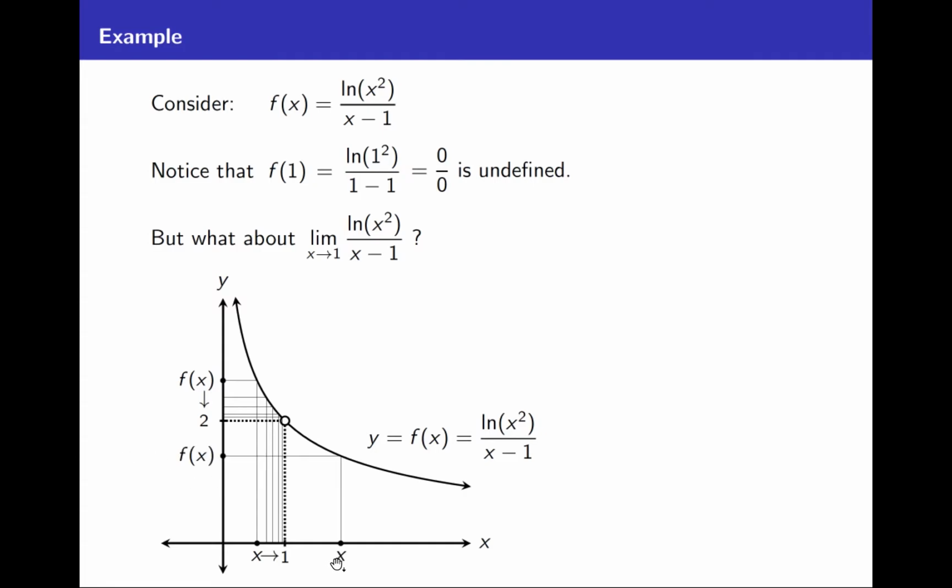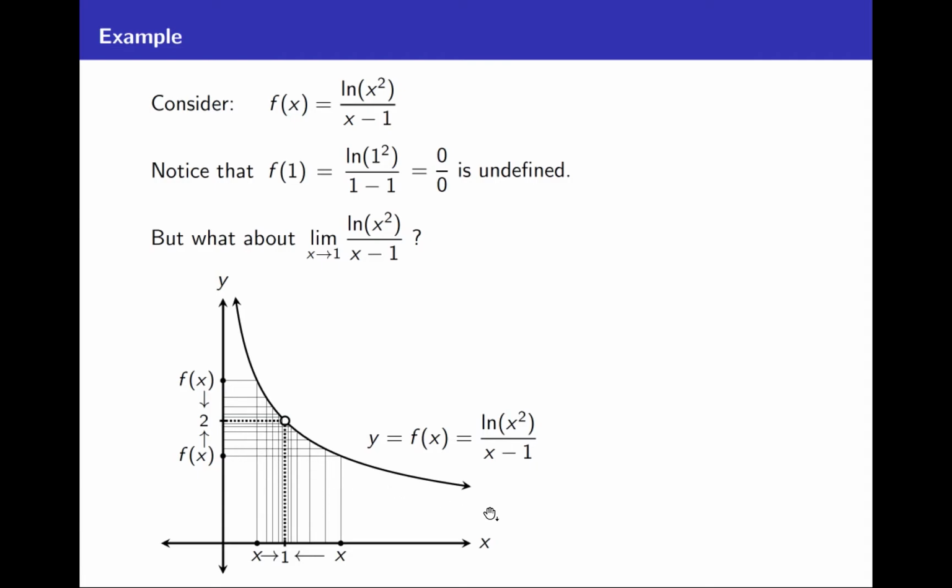From the other side, as x approaches 1, for this x, f of x is down here, but as x approaches 1, this f of x is going to move up closer and closer to 2. Let's take a look at that. So as x approaches 1, f of x approaches 2.